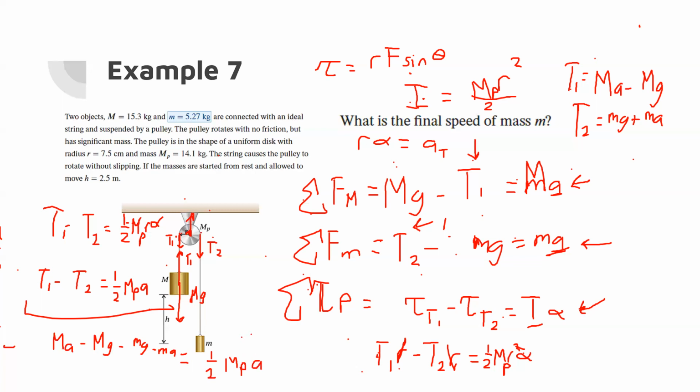So once I have that, I can solve for the acceleration, because I'm going to need the acceleration if I want to find the speed of the system at the end of this height h.